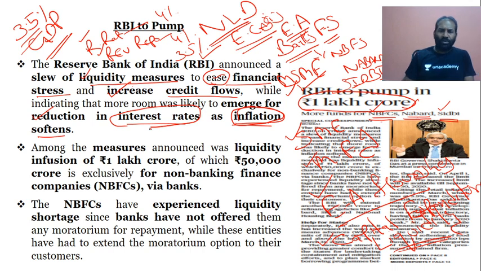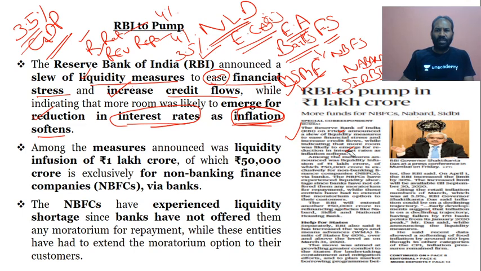So whenever there is more liquidity in the market, they will try to suck out the excess amount. And whenever there is a shortage of money in the market, with the banking sector or with the people, they will make sure that the interest rates are reduced, so that the banks have more liquidity with them.